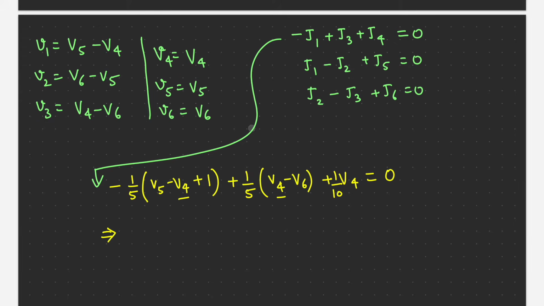So you can add 1 by 5, that is 0.2, 0.2 and 0.1. It will become 0.5 V4. Then we have V5 as minus 0.2 V5 and V6 as minus 0.2 V6 equal to 0.